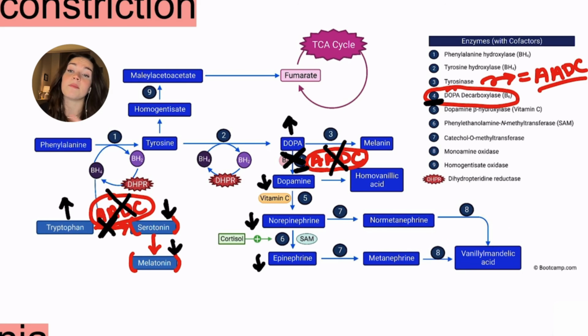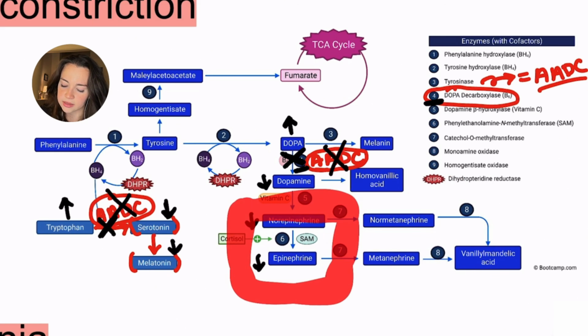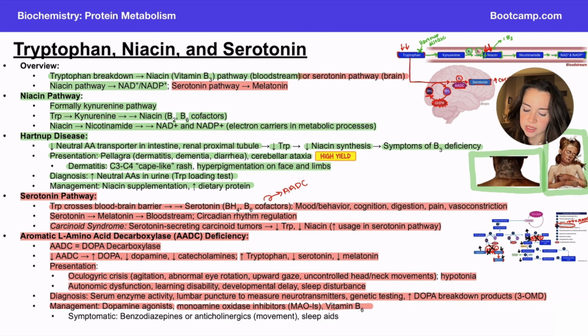So by giving a MAO inhibitor, we would be able to prevent the further breakdown of our already scarce catecholamines here. And then you can give vitamin B6 because vitamin B6 is a cofactor for AADC, so you can get the AADC that is there to work a little harder. There's also supportive symptomatic treatment, things like benzodiazepines or anticholinergics to kind of help with the movement disorders and the oculogyric crisis, as well as sleep aids to make up for the lack of melatonin.